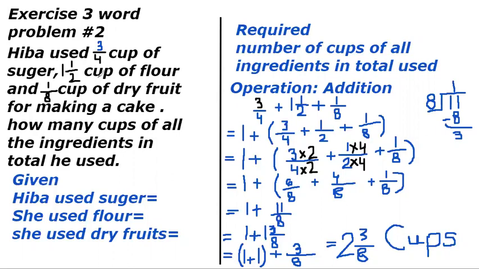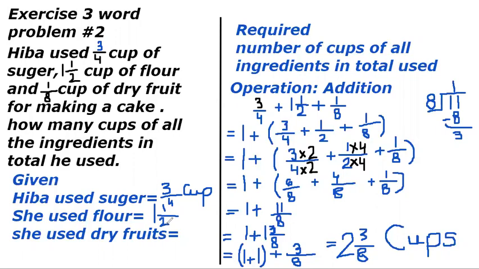These are given. So Hiba used sugar 3 upon 4 cup, and she used flour 1 full cup, 1 whole, and 1 by 2 means half.